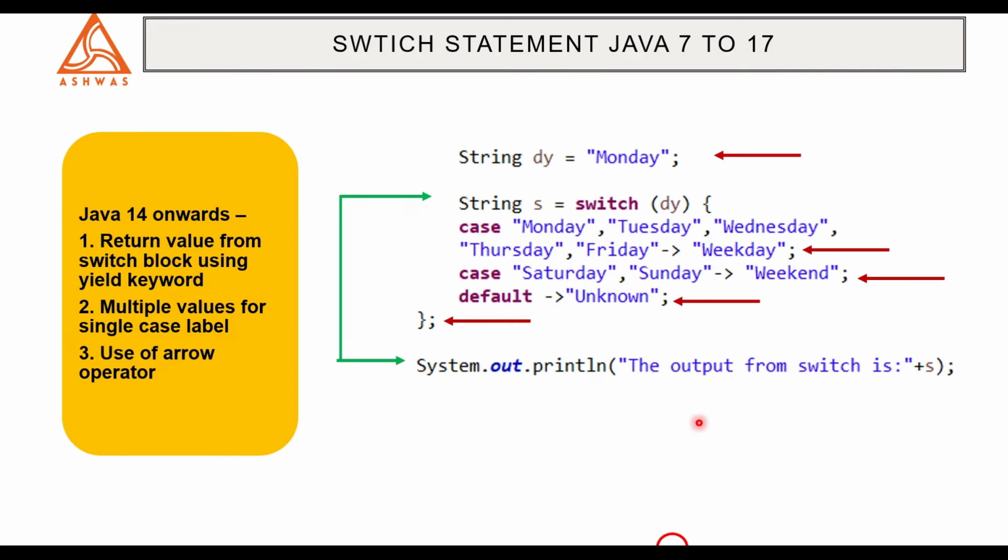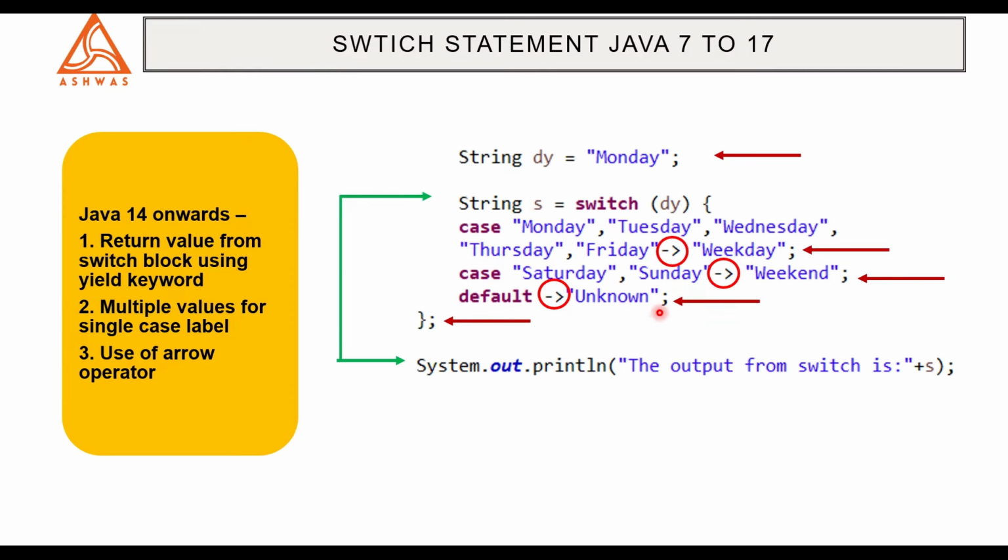I have my arrow operators. Arrow operators point to the exact code statement or statements. Yes, there can be multiple code statements here. They have to be enclosed within open and close curly braces.